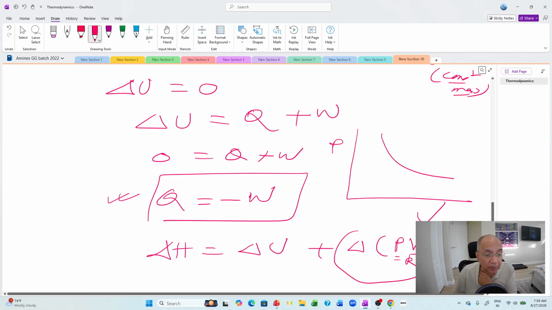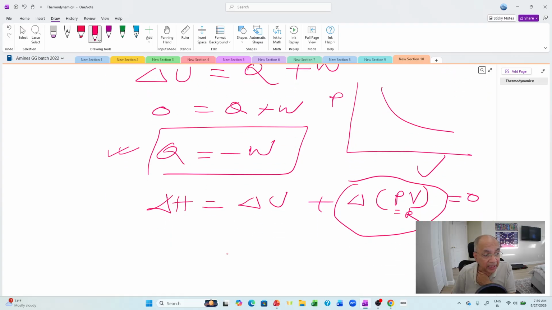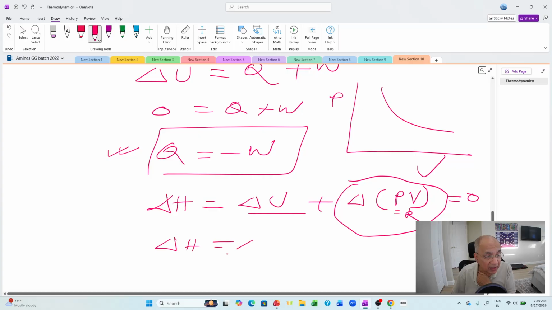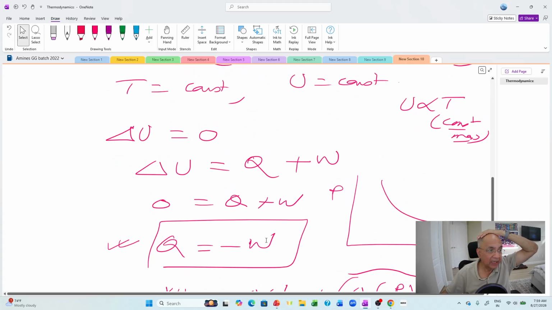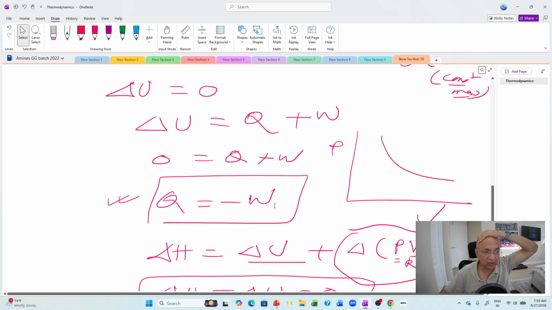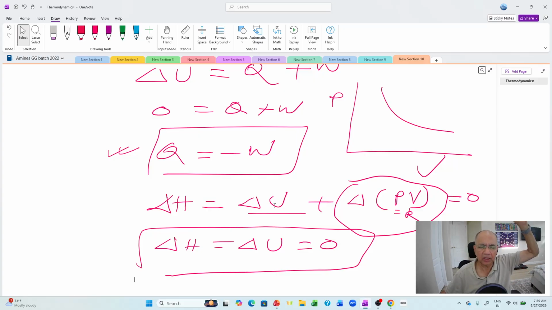So the differential of a constant is 0. Therefore, remember that in an isothermal process, not only del U is 0, but del H also is 0. It will be required for your NEET or JEE examination. And Q is equal to minus W. Temperature remains constant. Whatever heat comes is used for work. It comes as expansion work, goes as compression work.